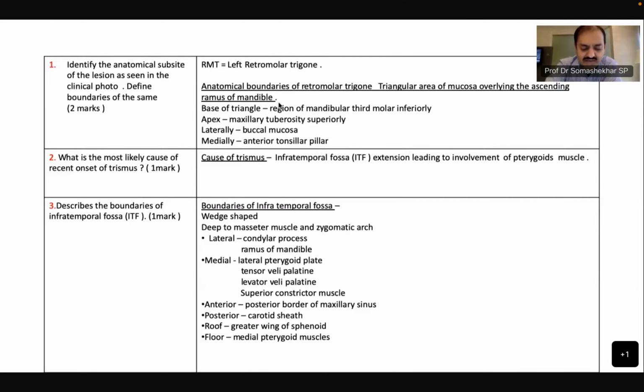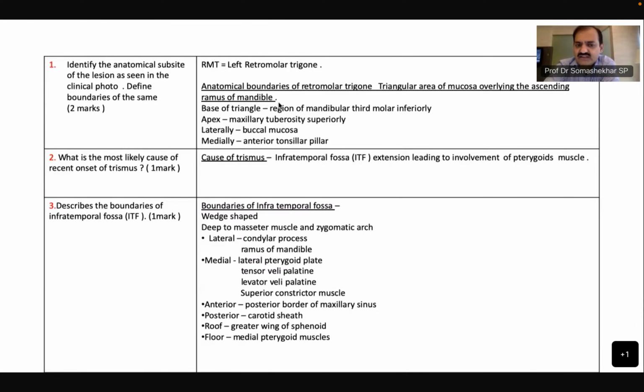The medial pterygoid plate has the superior constrictor muscle, from which the pterygoid hamulus comes, and the median raphe is attached to the tuberosity, and then you have the styloid process and the styloid apparatus and stylomandibular ligaments which separate the submandibular gland and the parotid. Read about it, okay?